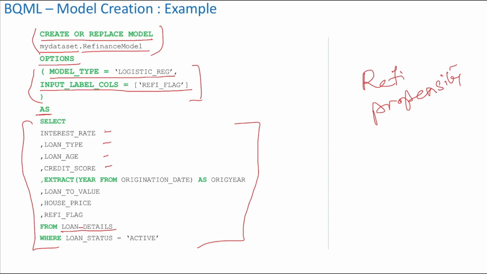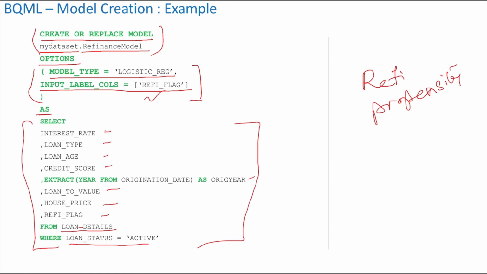I can also specify basic transformations like extracting the year from origination date. So in this case, I'm calling it as an origination year, loan to value ratio, the housing price, the refinance flag, which is my input label column here, right? And I'm also giving it a criteria where the loan status is active.